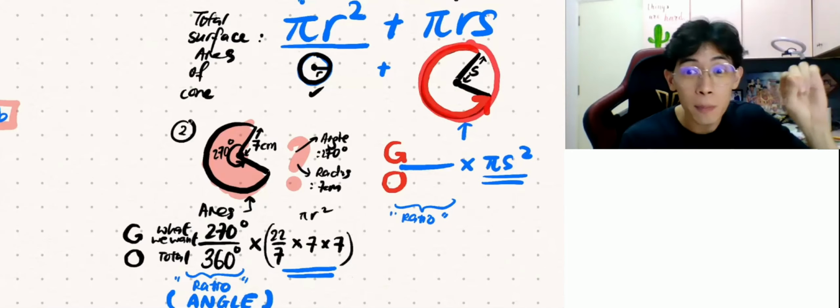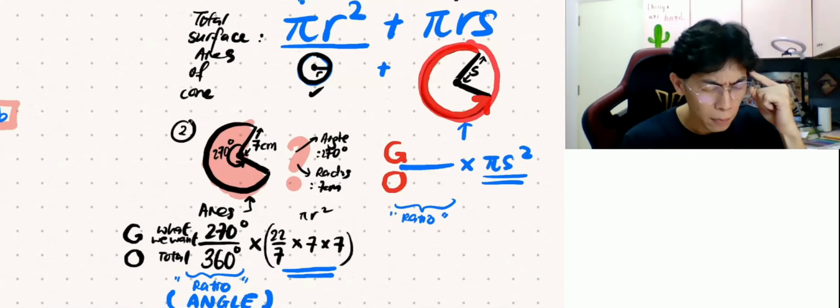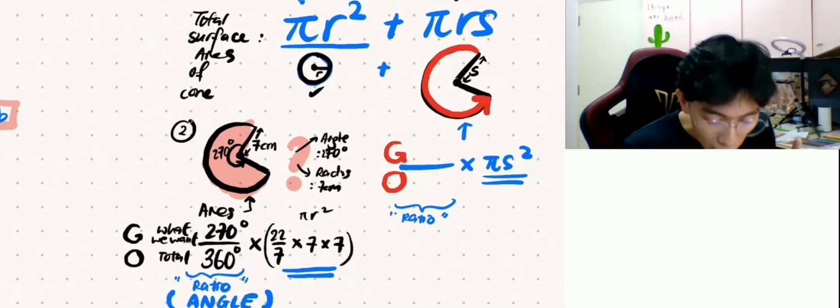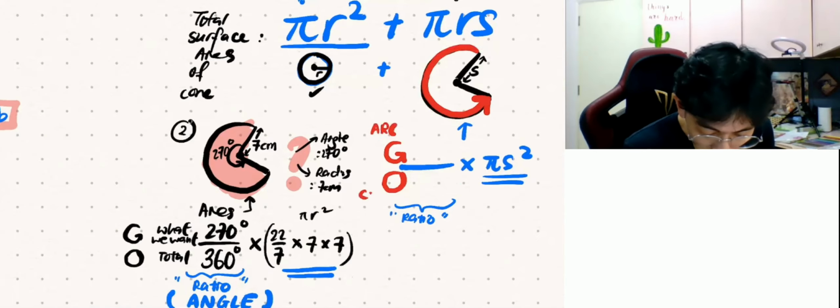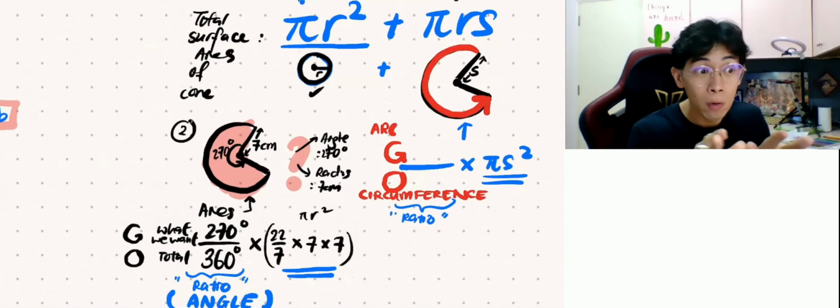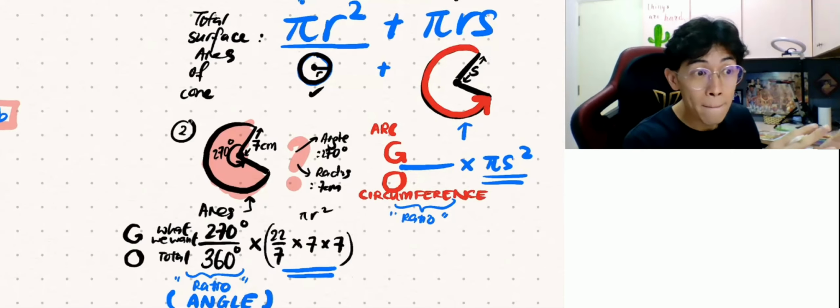So I want everybody to quickly think. Let's say I'm going to replace arc with circumference. It's the same picture there.